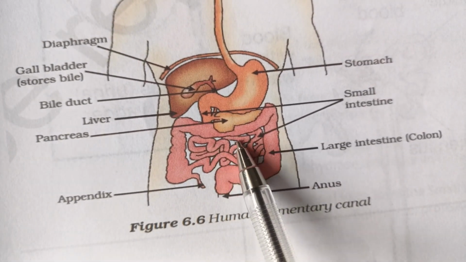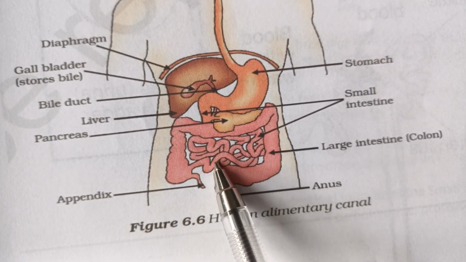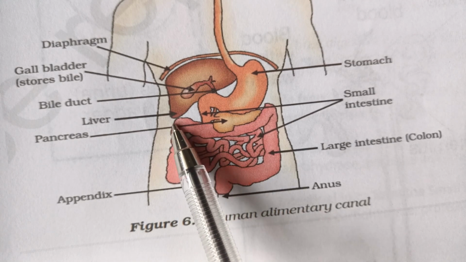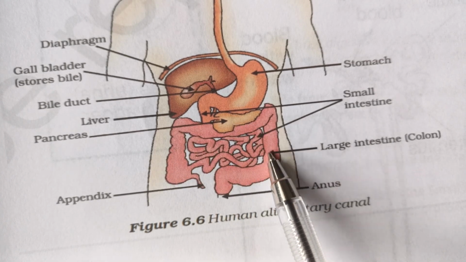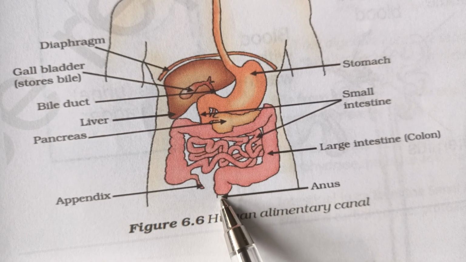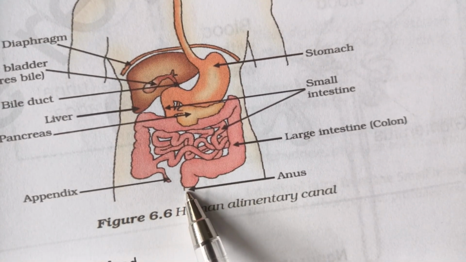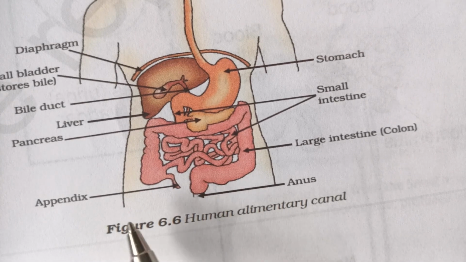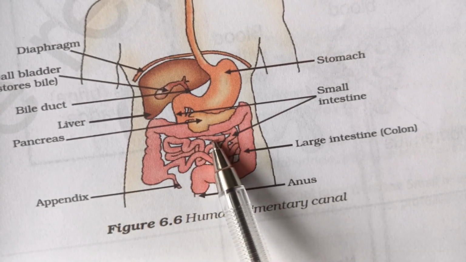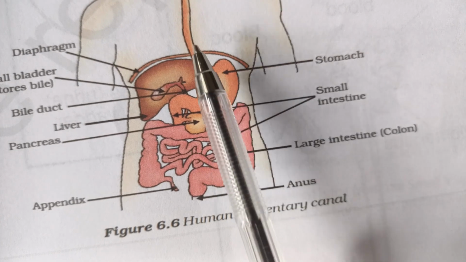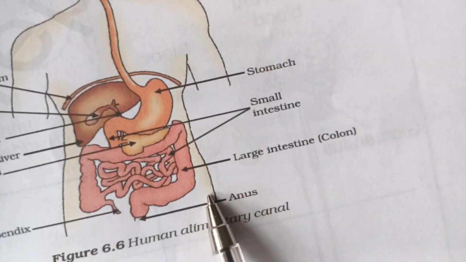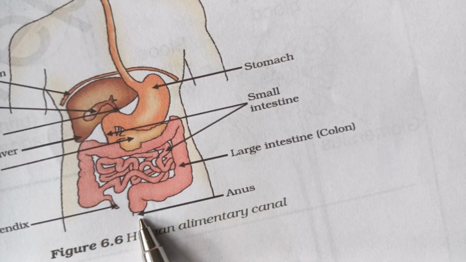You can see this is the small intestine, the inner structure. It enters here into the large intestine. That ultimately goes to the anus, to the outside environment. So small intestine, stomach, esophagus, oral cavity, mouth, and the large intestine opens at the anus.